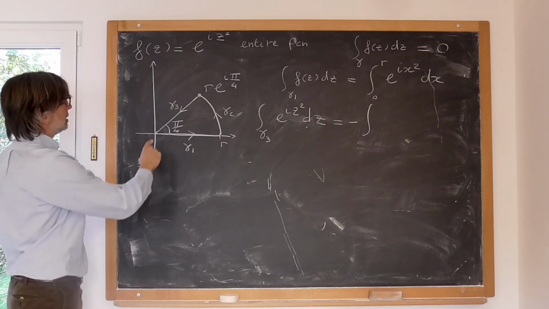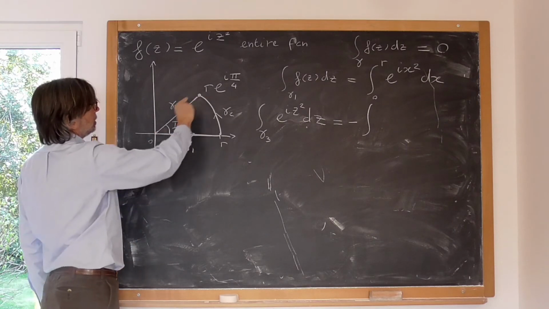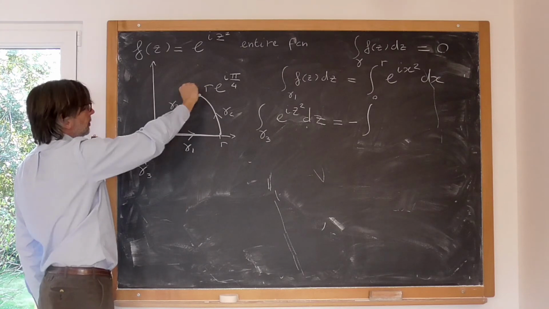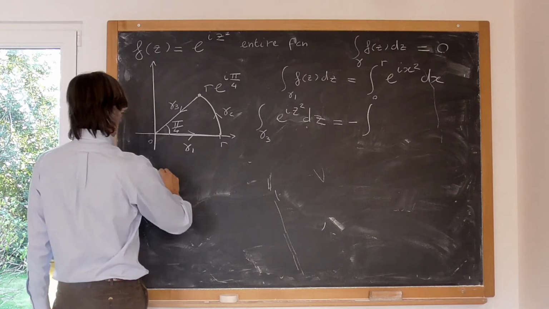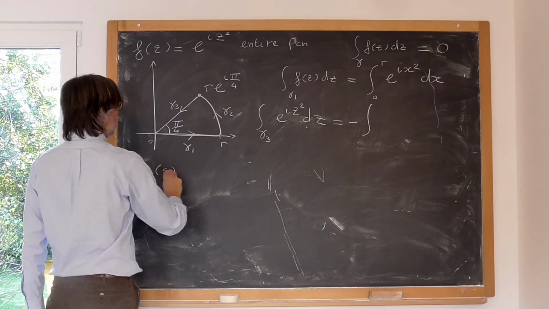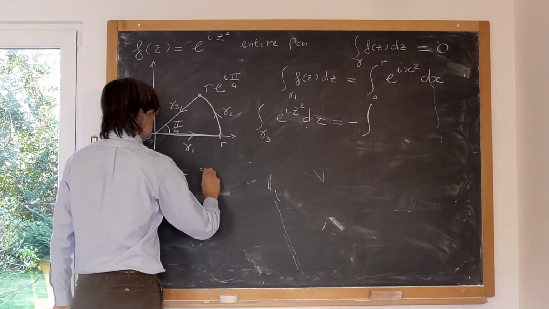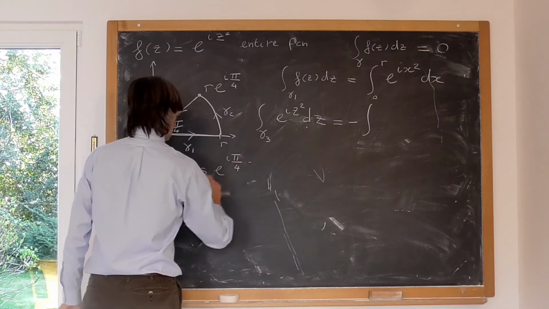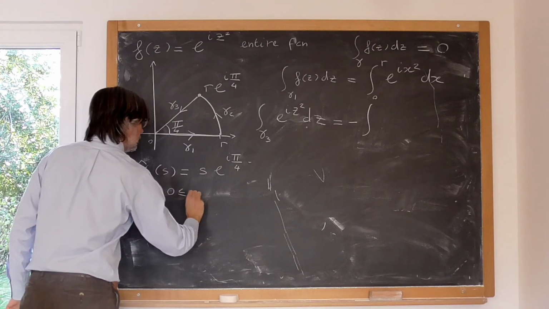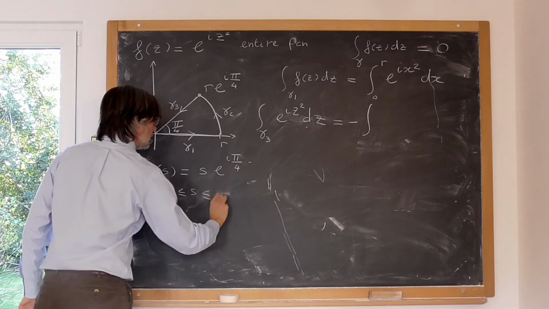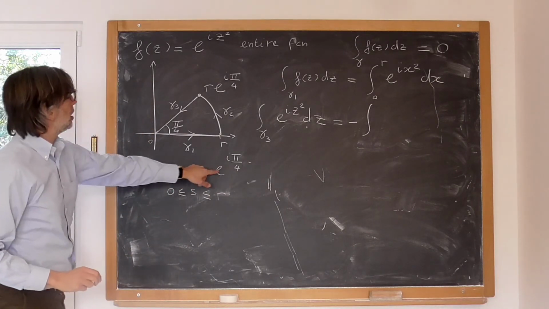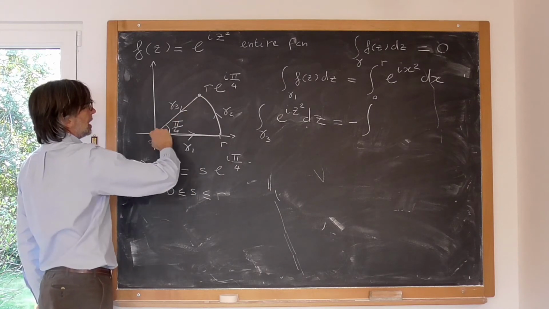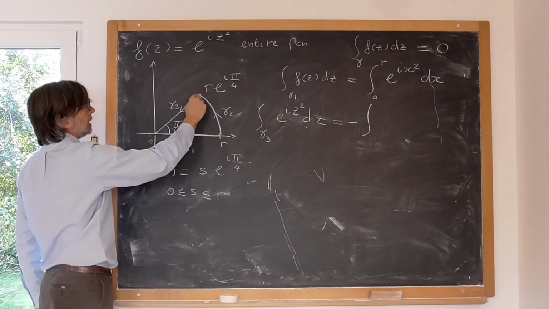Gamma 3 hat is parameterized on the same segment, but in this direction. And the parameterization is just gamma 3 hat of s, this is s times e to the i pi over 4, and s varies between 0 and r. Okay, this expression parameterizes this segment, but starting from here and ending here.